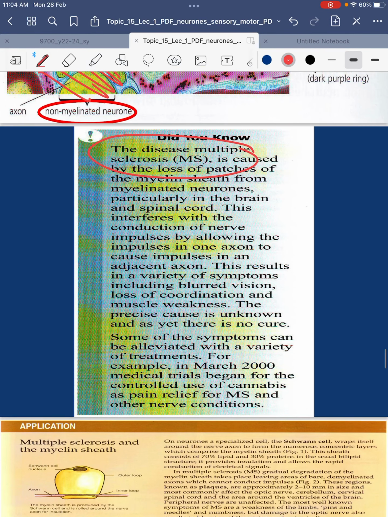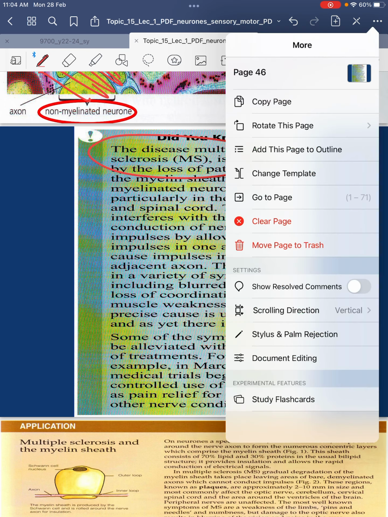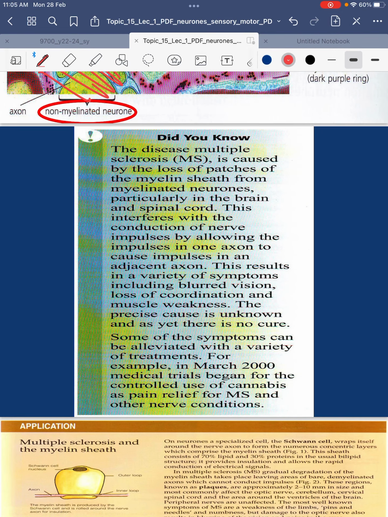It's called multiple sclerosis. This is where the myelin shield is lost. Loss of myelin shield, and of course it causes slower conduction of nerve impulse, and that's why you can have blurred vision, loss of coordination, muscle weakness, and so on.